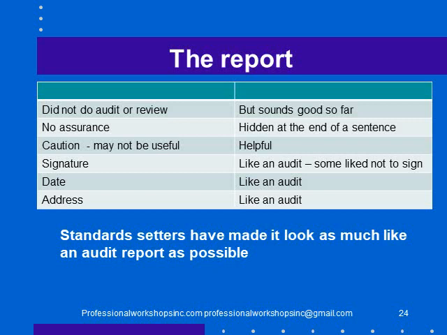So the standard setters have made it look as much like an audit report as possible, and by implication that we've done the kind of work we would have done in an audit. So I'm going to expect that sooner or later there are going to be some unhappy third parties that are going to sue on the basis of this report and say, well, you provided assurance.